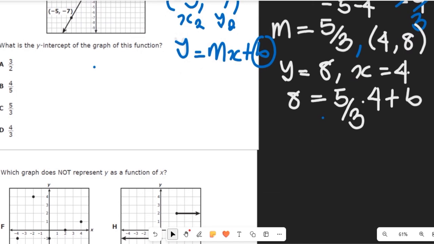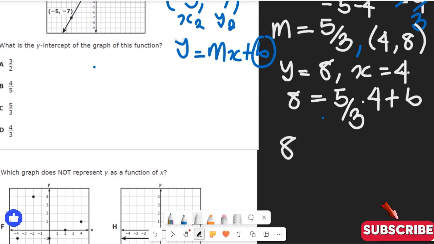If we simplify that, 8 becomes equal to 20 divided by 3 plus b.